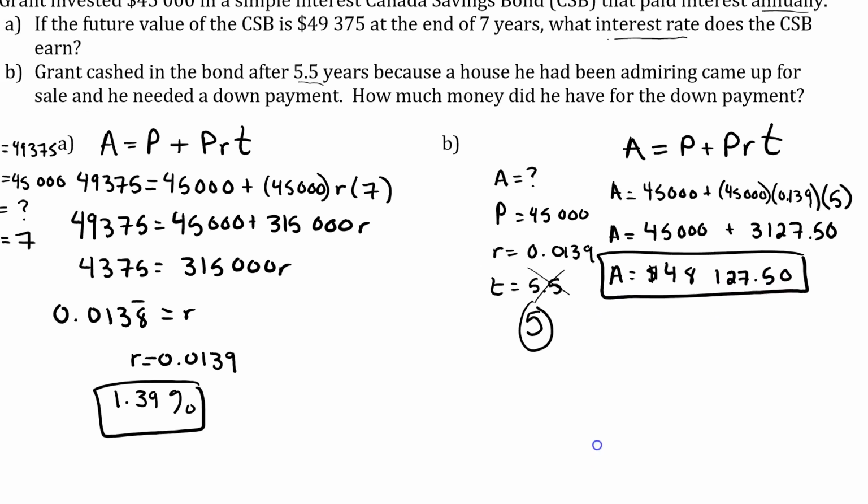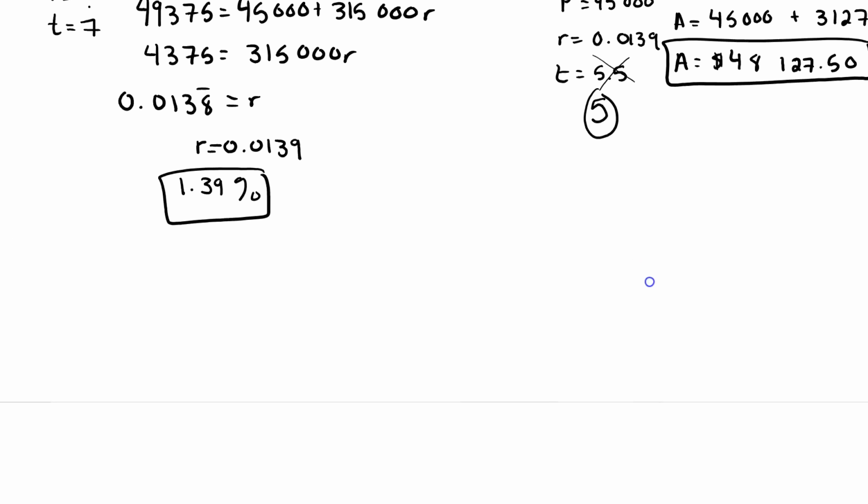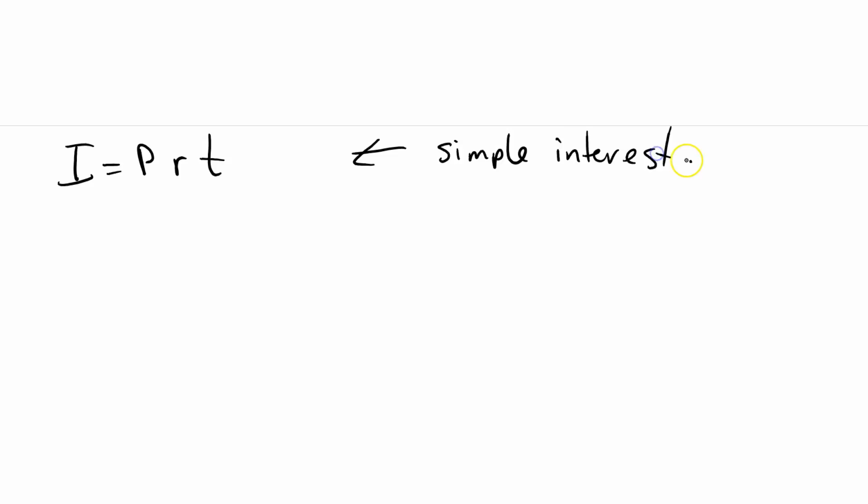Let's just summarize as a final little thing the equations that we learned. Today we learned that I equals PRT. This is when calculating simple interest. We also learned A equals P plus PRT.